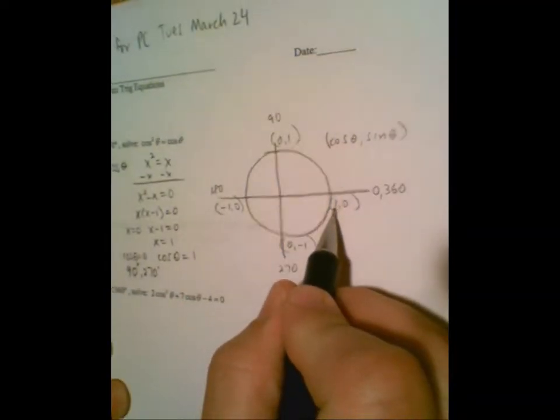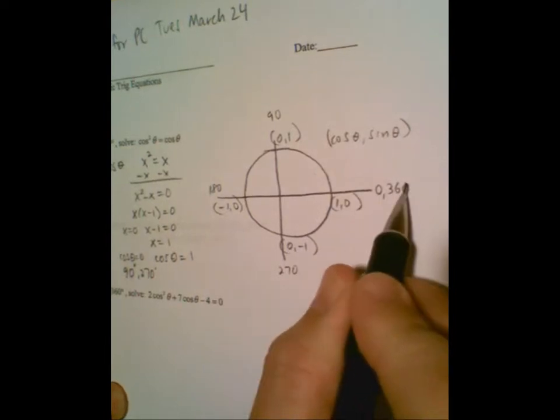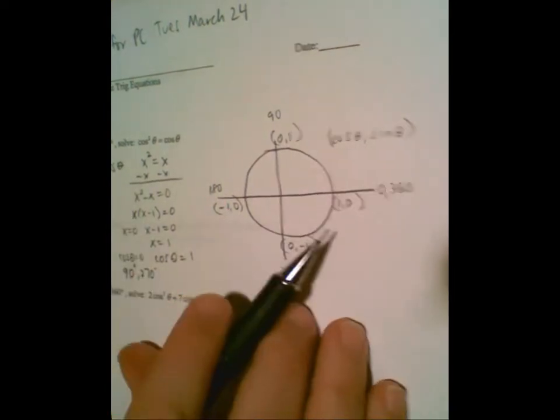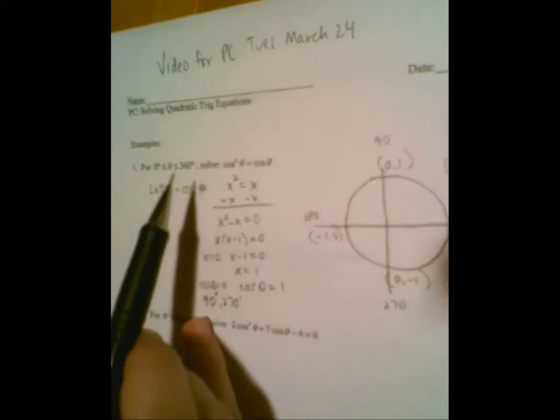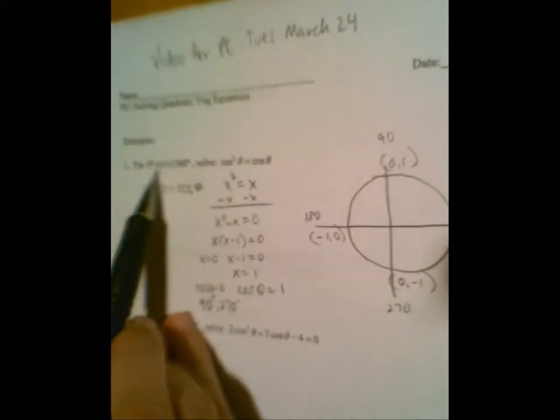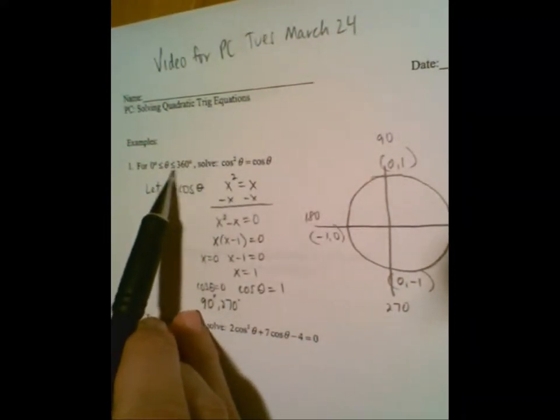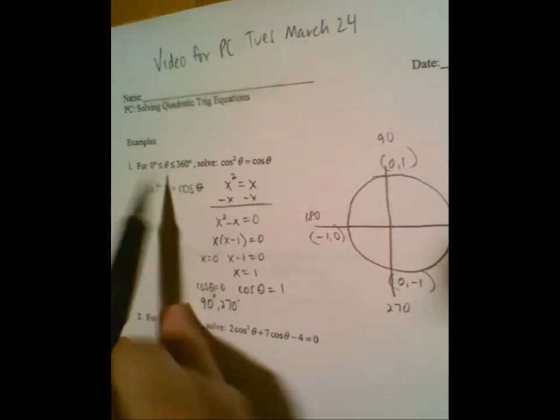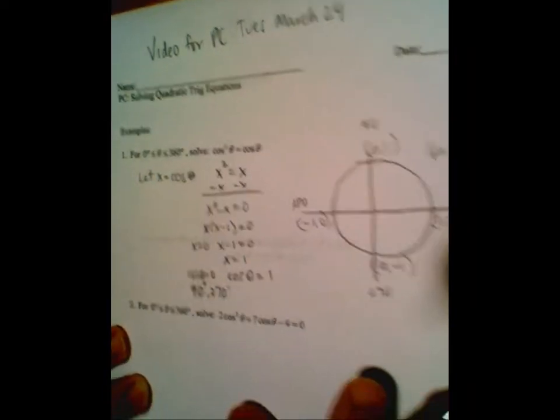Well, just over here, which is at 0 and 360. And the reason why I'm including 360 and 0 is because it says 0 is less than or equal to theta is less than or equal to 360, so it's including it. Sometimes they don't. It might say less than, then I wouldn't include it.